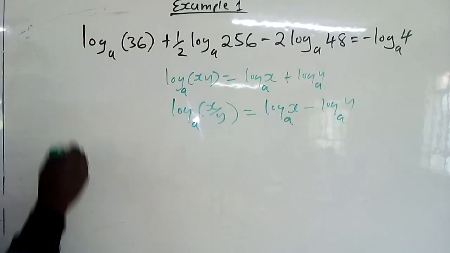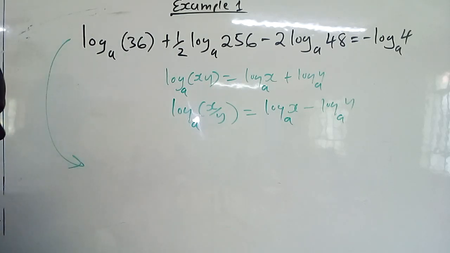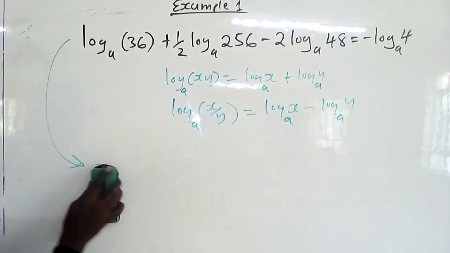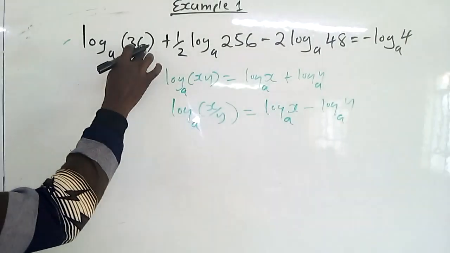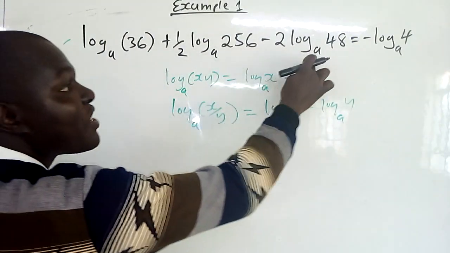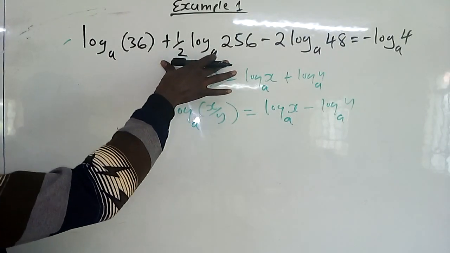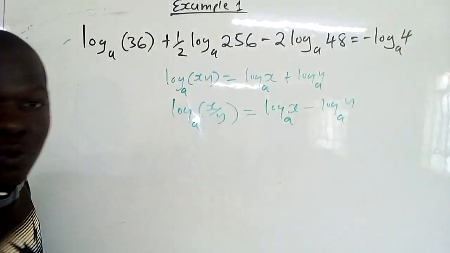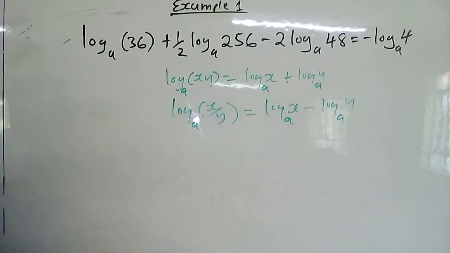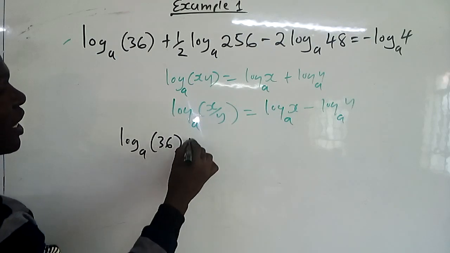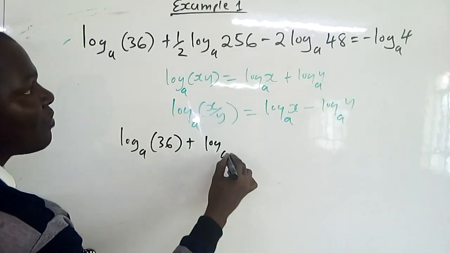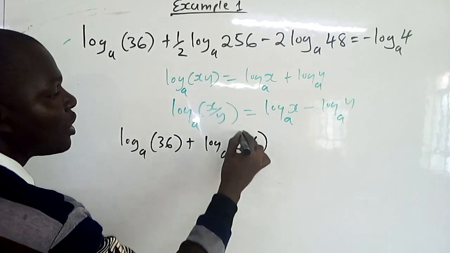So if you come back to our problem here, we have log base a. We use what is on the left-hand side of the equation until we get what is on the right-hand side of the equation. So on the left-hand side, we have log 36 to base a plus a half log 256 to base a.